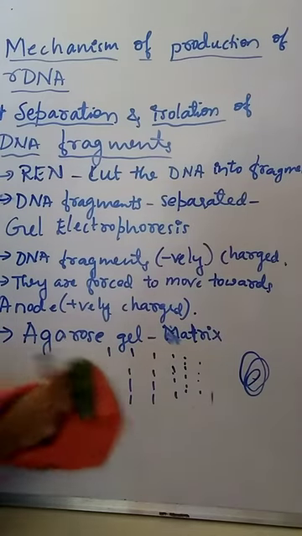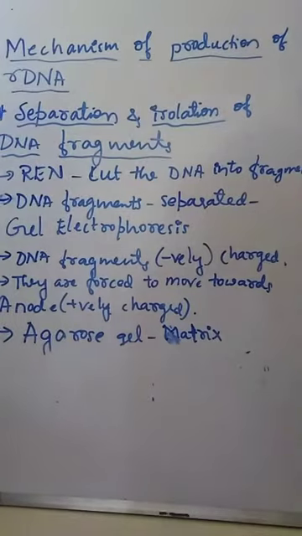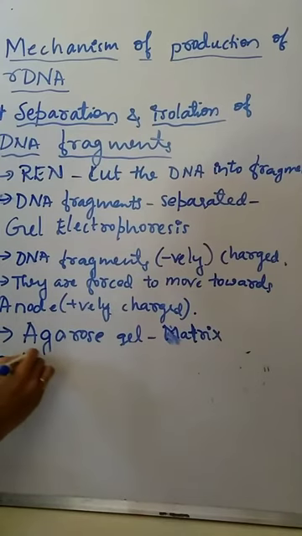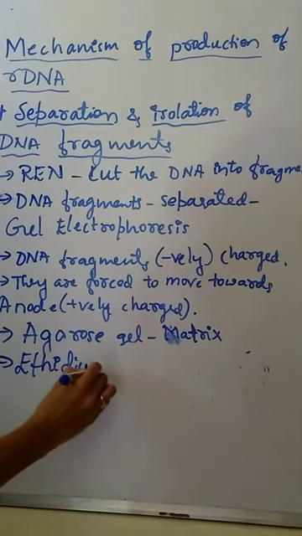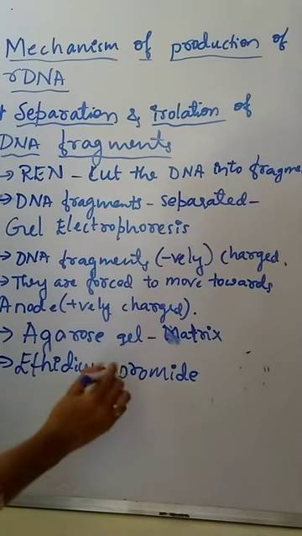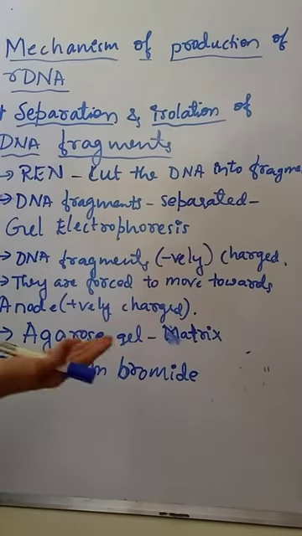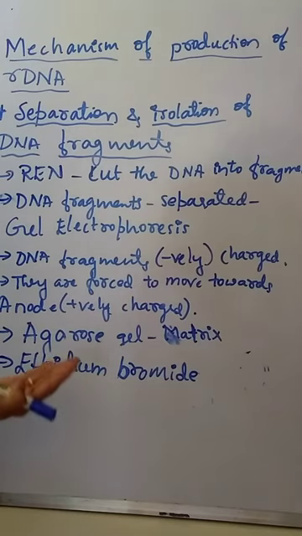Using this coloring agent, we can observe the separated DNA fragments, and after that we need to expose the gel plate to UV radiation, ultraviolet radiation.